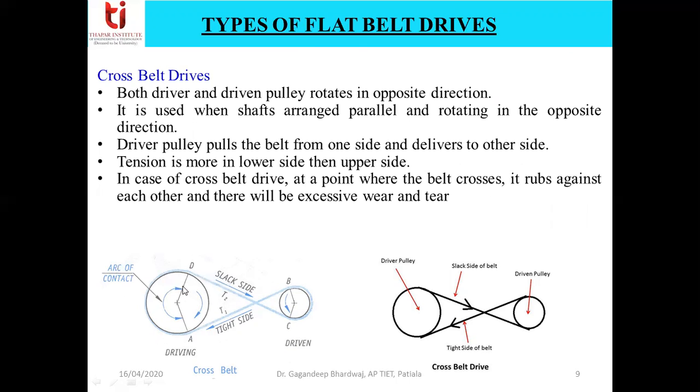This is one pulley; the belt crosses and moves over the second pulley. This is known as the cross belt drive. Both pulleys rotate in opposite directions. The shafts are parallel and rotating in opposite directions. The slack side and tight side are also represented in the diagram. This is all about the cross belt drive.